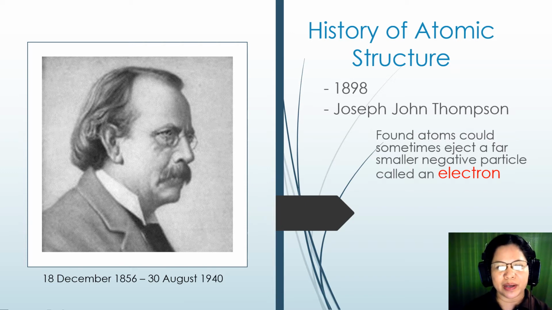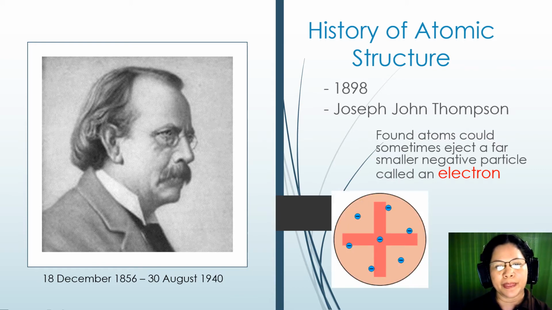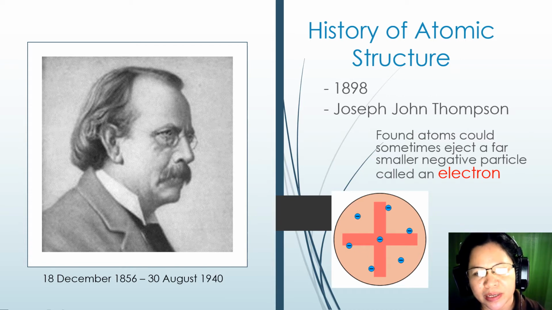Where can we find electrons? Usually they are found in the outer shell of the element or the atom. He also used a structure like a plum pudding in the plum pudding model, where the electrons are the negatively charged particles.